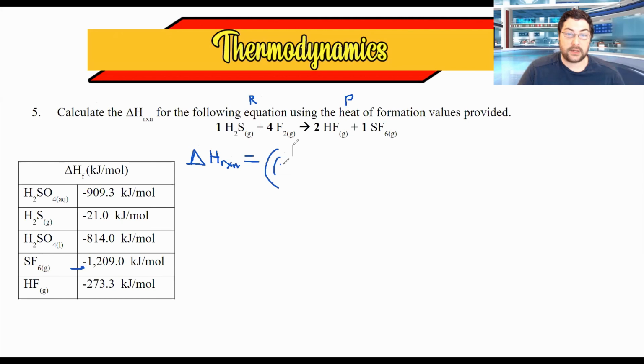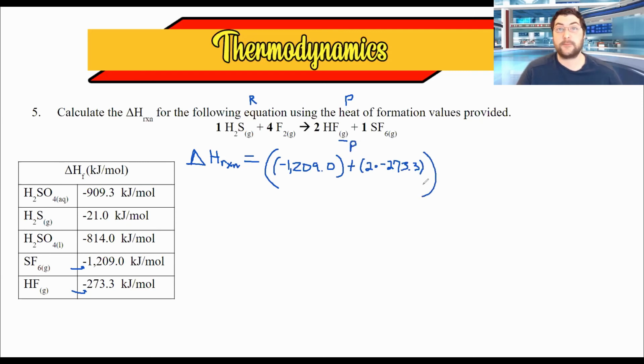That's going to be negative 1,209.0 kilojoules per mole, plus 2 times gaseous hydrofluoric acid. Not that there's another version of it in the table, but there could be, so make sure you're paying attention to state of matter there. So we've got 2 times negative 273.3 kilojoules per mole. All of this takes care of our products.